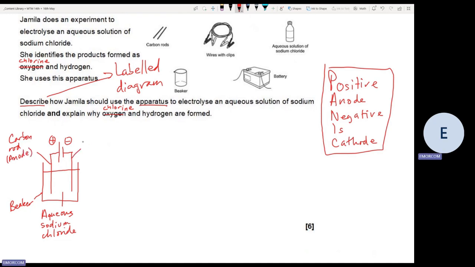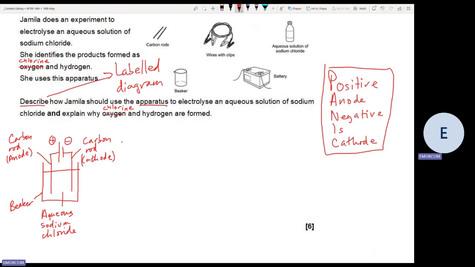And this is also a carbon rod, but it's going to be my cathode. Okay, so now I've done my labeled diagram, which explains or describes how I should set up the apparatus.